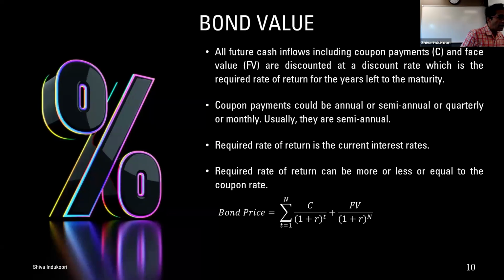If you are looking at a bond which is for long term, say 10 years, then you should check a treasury note or high rated corporate bond as a benchmark, which will be used as the required rate of return. So based on the tenure and who is issuing, your required rate of return, which is a benchmark, differs.